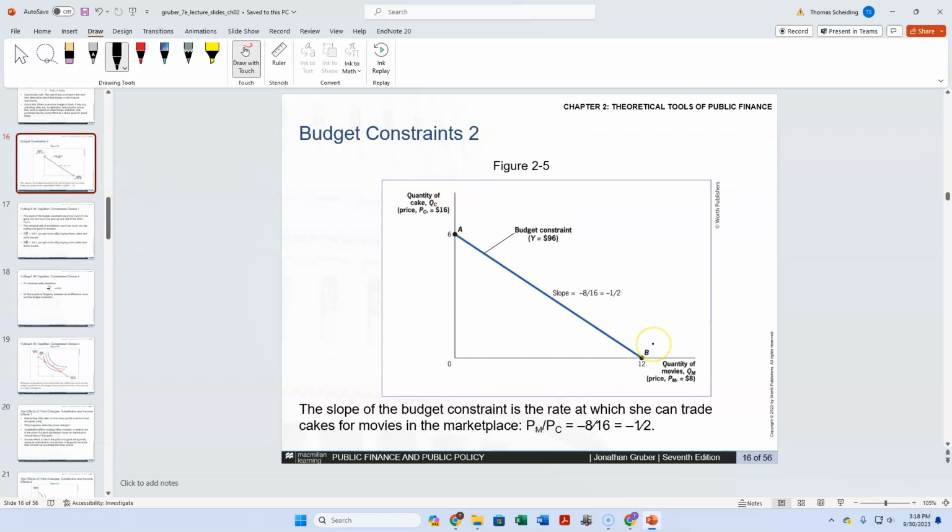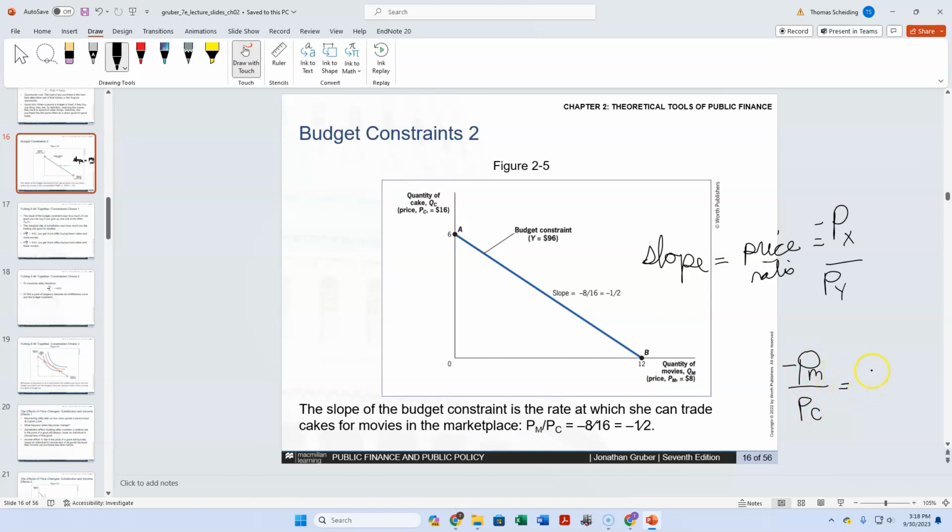So, the budget constraint is a straight line. And why is it a straight line? Because in this case, the slope is equal to the price ratio, which in general terms is the price of the good on the x-axis over the price of the good on the y-axis, which in this case is P of M over P of C. Now, this stays constant.